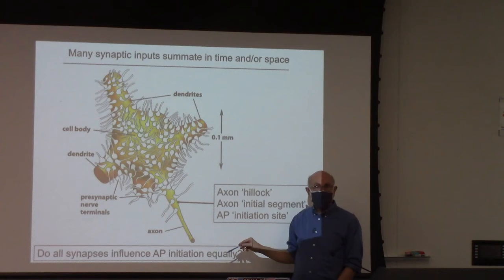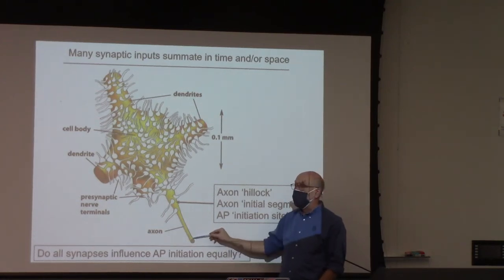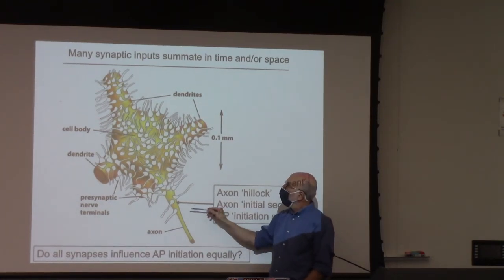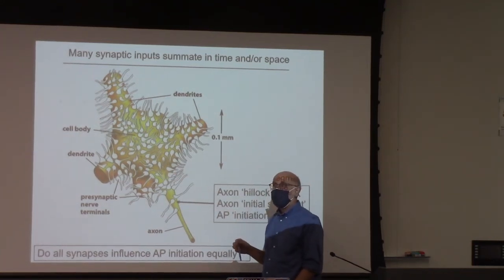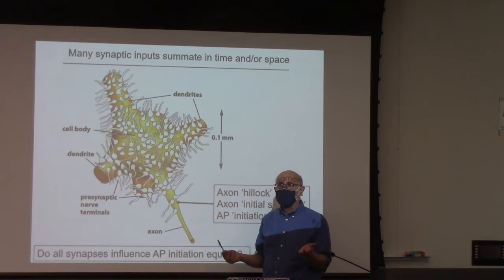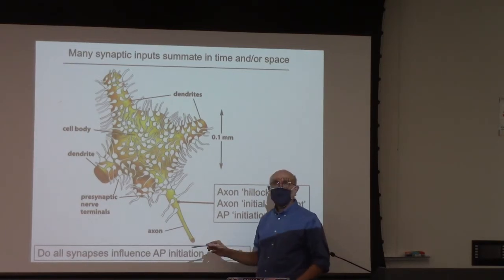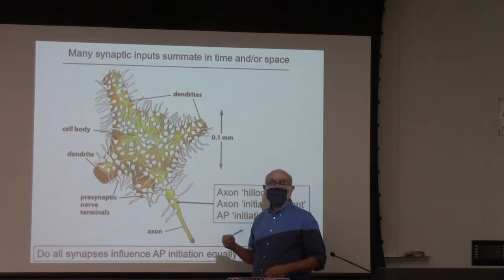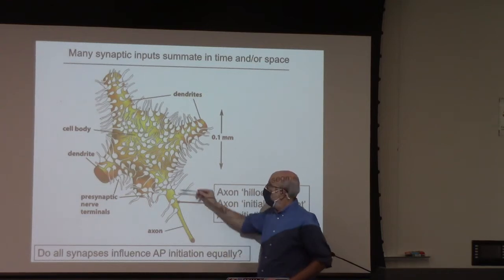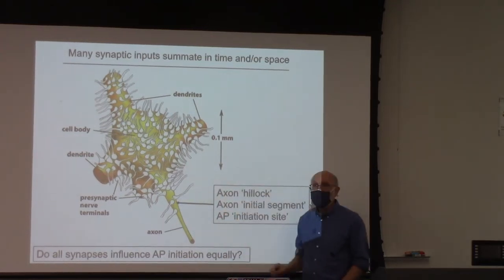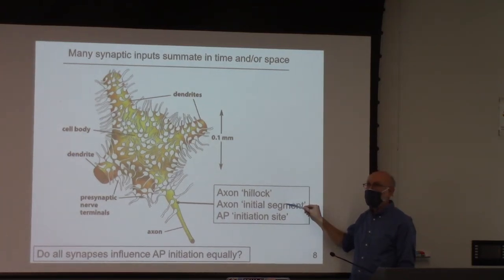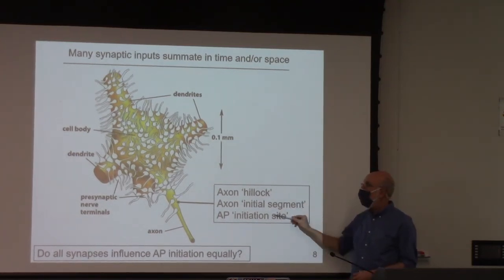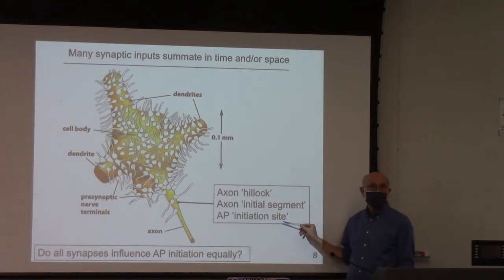The action potential is going to happen in the axon. The part of the axon that decides whether to fire an action potential, and if so, how many, is the beginning segment, the so-called initial segment of the axon. That's where the action potentials are initiated.